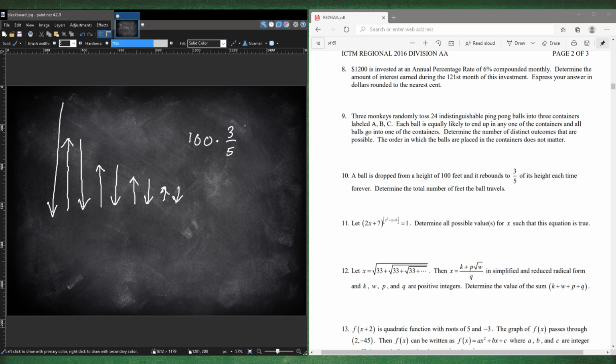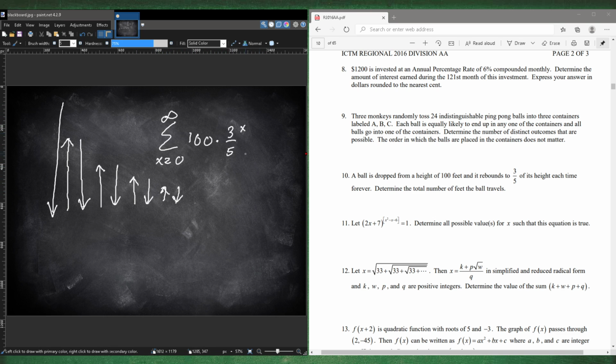So 100 times 3/5 to the x. Basically we just need to find all the distance, so this is when x is equal to 0, when x is equal to 1, when x is equal to 2, 3, 4, right? So basically all we have to do is sum up all those possibilities, for x equal to 0 to infinity.